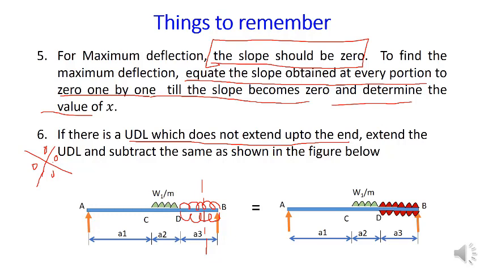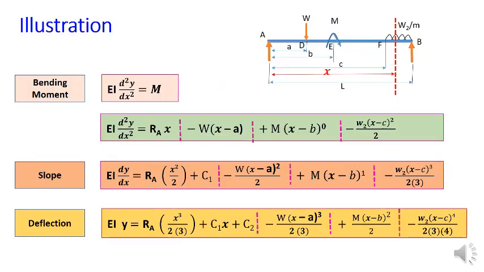So you have to add and subtract appropriately. When you have a portion like this, you have to add the UDL and subtract the UDL, and then you should write the equation. This is another important thing which you need to remember. And this is an example.